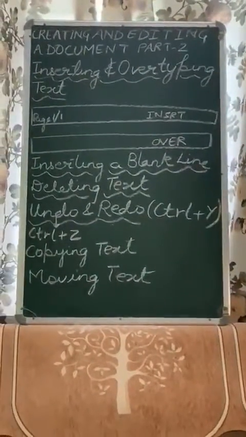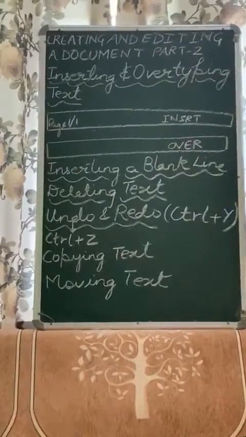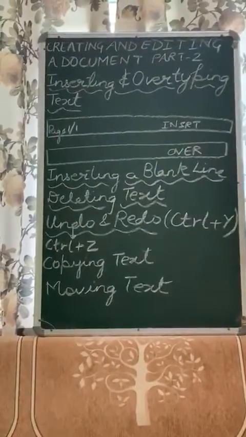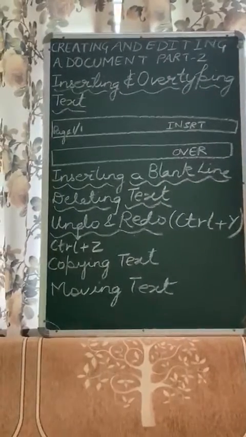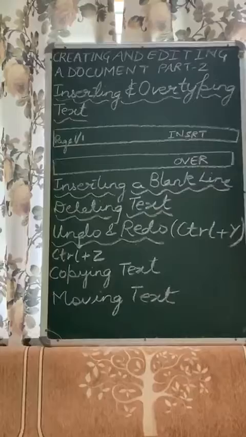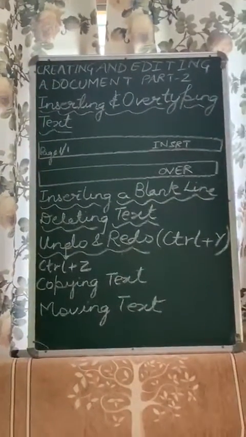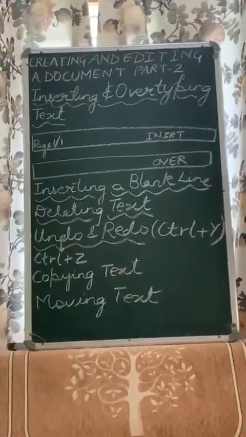Now next is inserting a blank line. Say there are two existing lines in a document and you want to insert a blank line between them. For example, you have written an essay on Republic Day.